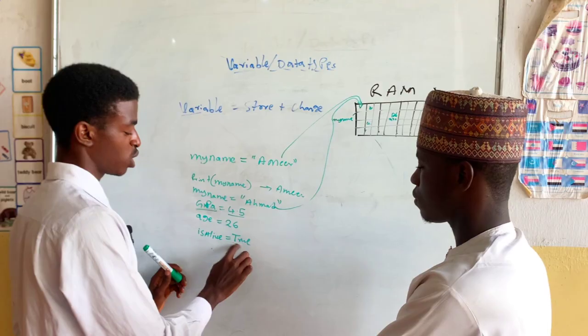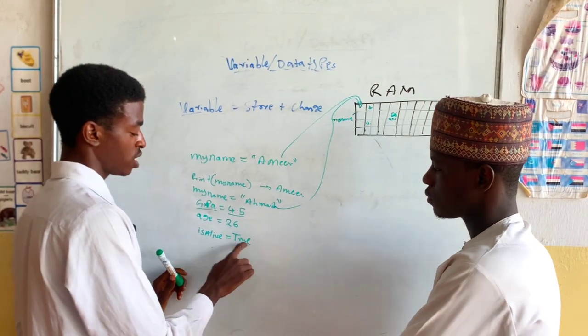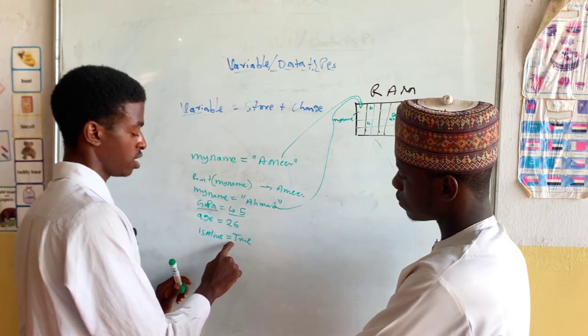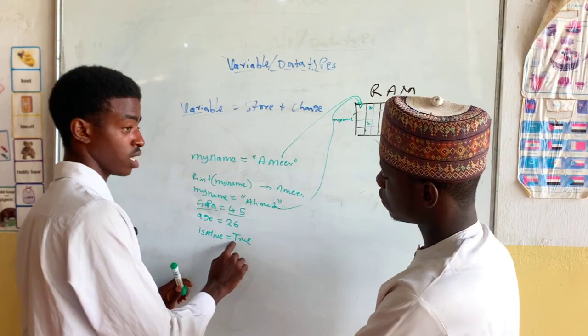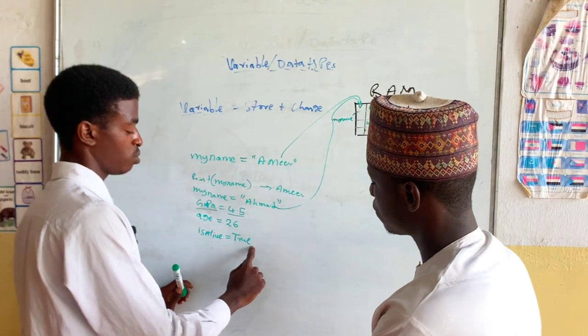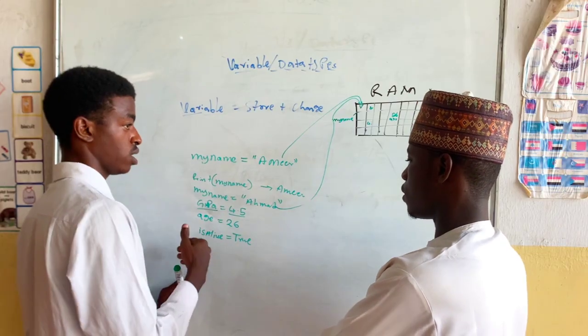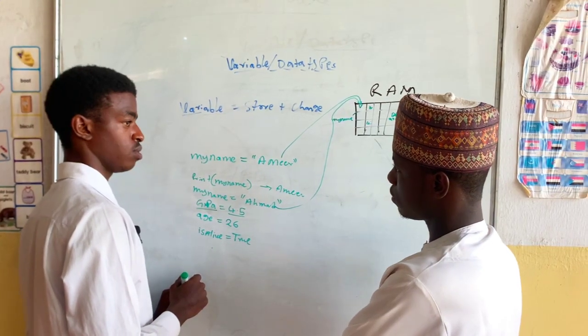So the reason why I did not put this Boolean in a quotation is that if I put the first letter as a capital letter, I'm telling the program, I write True, then the first letter is in capital. So the computer will now understand, okay, I understand, now you are talking about true. Is it any word if I put it in a capital letter? No, not any word.